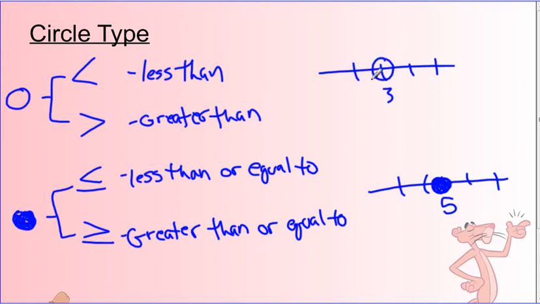So this hollow dot is kind of like a force field blocking off the 3, saying 3 is not one of your answers. But when we have a solid dot, when we have this or equal to line, the solid dot tells you that 5 is one of your answers, because the answers could be equal to 5, or maybe less than or equal to 5 and greater than.